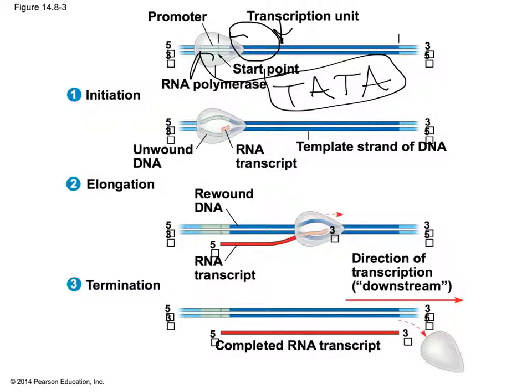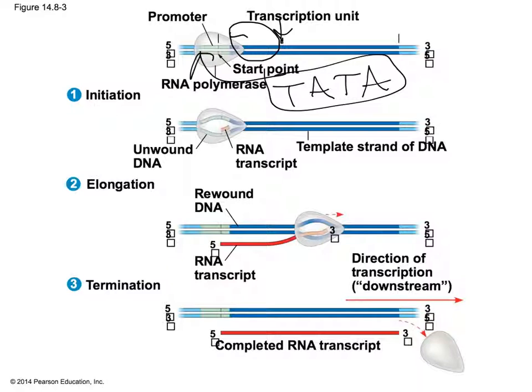It is at a conserved spot upstream of the transcription start site, usually about 10 to 35 base pairs upstream. That allows the DNA to open and begin polymerizing an RNA transcript.